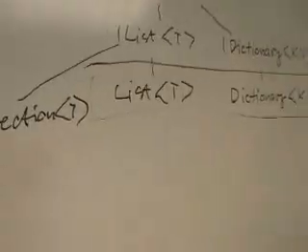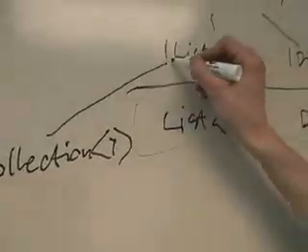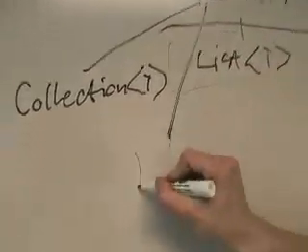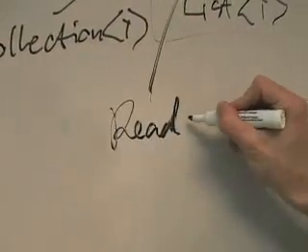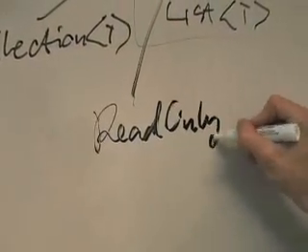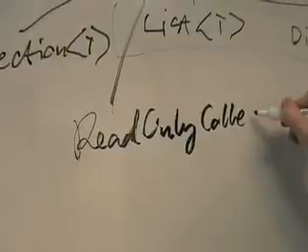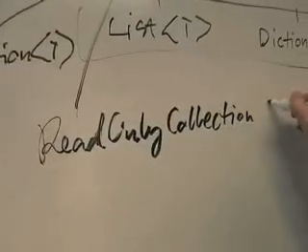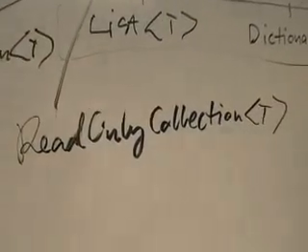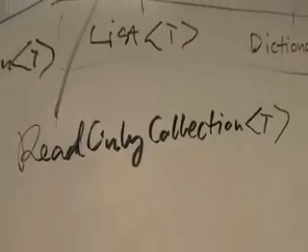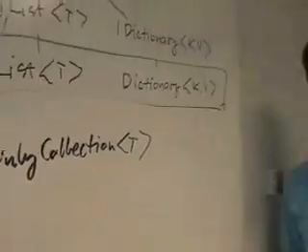Another base class that was added to the framework is called read-only collection of T. This was added as a response to many requests that we got from customers, from you, for a collection that is a truly read-only collection.